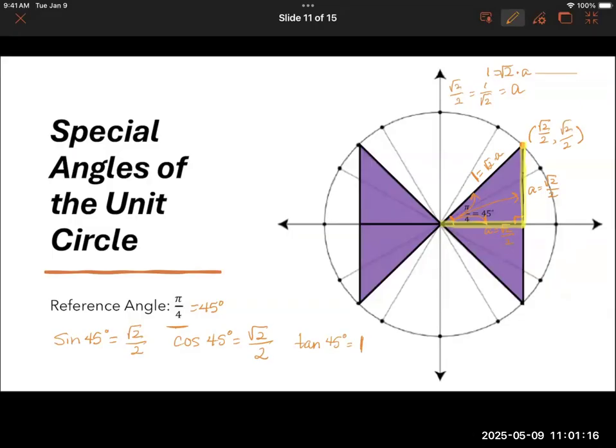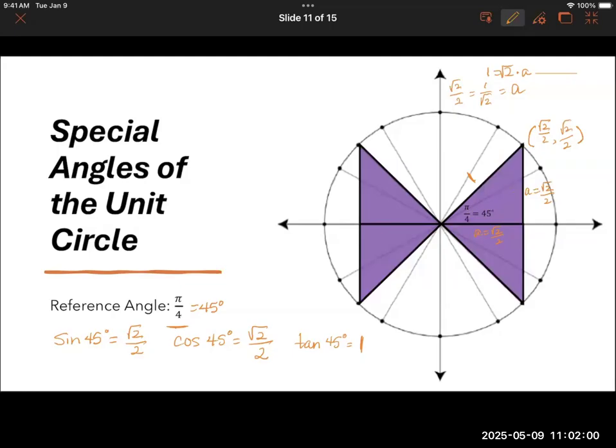Okay, now if I take that 45, 45, 90 isosceles right triangle and I place it in the other quadrants, let me erase this for a minute so it's not too messy here. Okay, so we've established that this is a, which is root 2 over 2. This is also a equal to root 2 over 2, while this is 1. Now, those distances don't change.